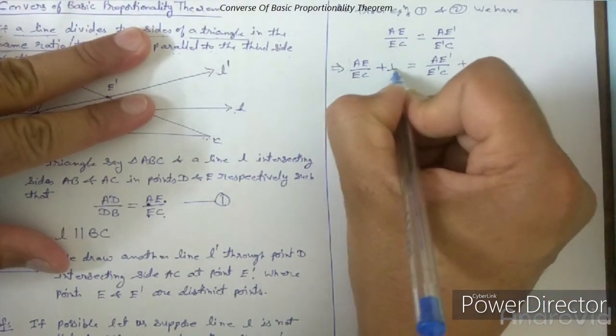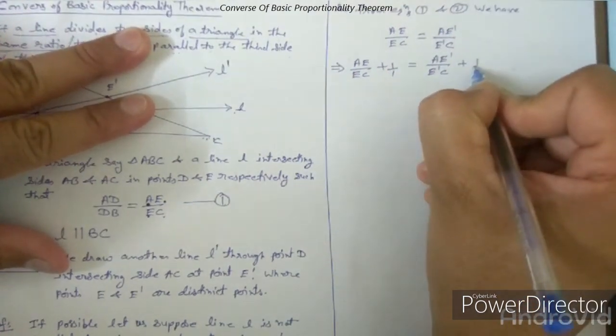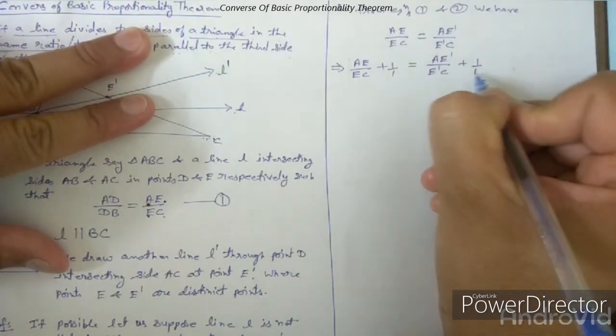Now write 1 in the denominator of the second terms of both the sides.